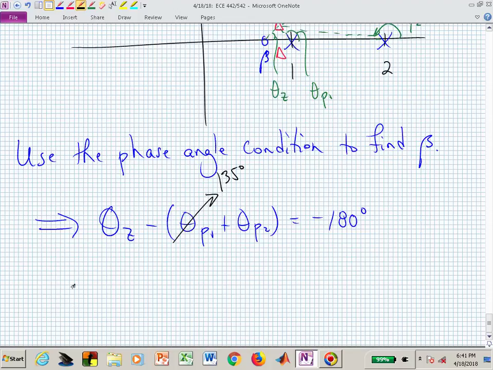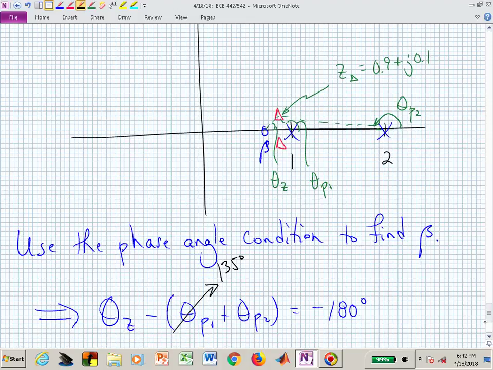What's theta sub p sub 2? I like to just play with the acute angle because my calculator maybe only does inverse tangent for plus and minus 90 degrees. I know how to calculate this acute angle associated with theta p sub 2. What's my vertical rise? 0.1, isn't it?